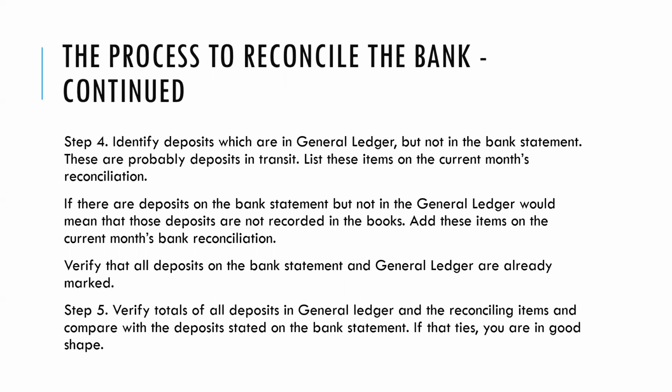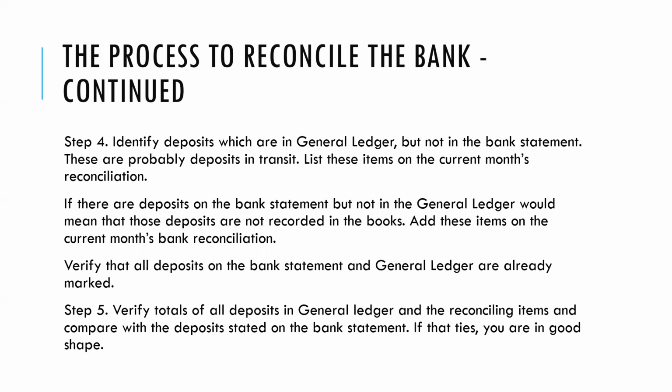Then you total all the deposits on your general ledger which you have traced into the bank statement. If that total is equal to the total deposits shown on the bank statement, then you have some assurance that everything is going well and all deposits have been accounted for.